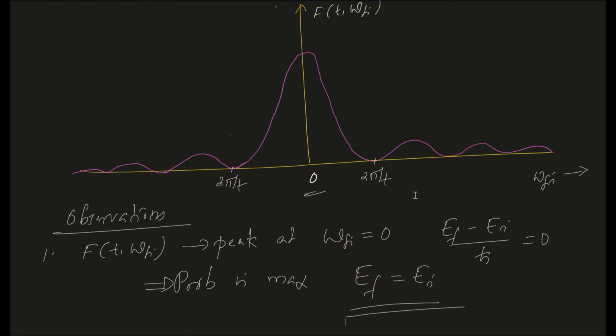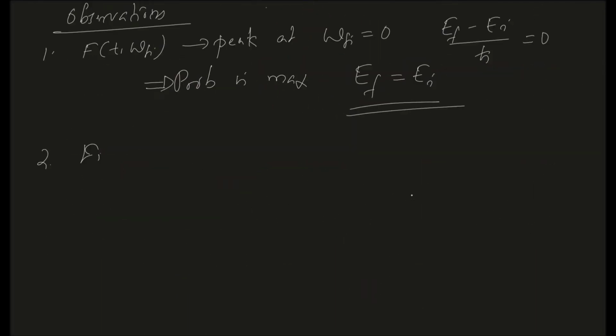Now the second thing is that the first zero of this function occurs when this ωfi t by 2 is equal to π, because we have a sine function. So the first zero occurs when ωfi t by 2 is equal to π because of the sine dependency.